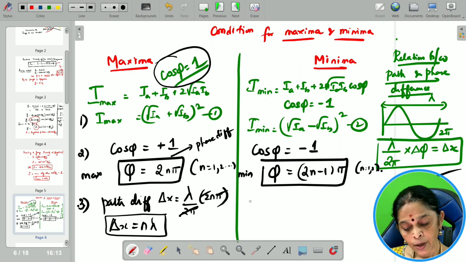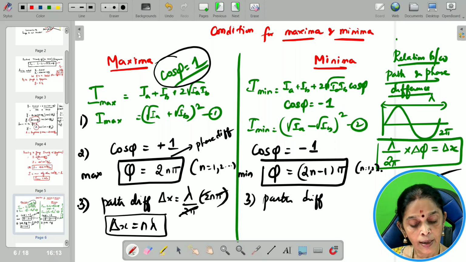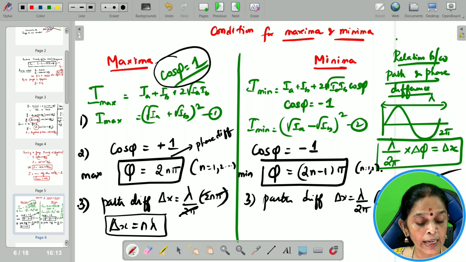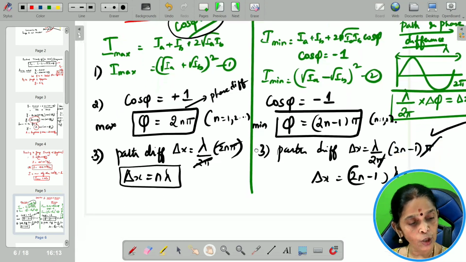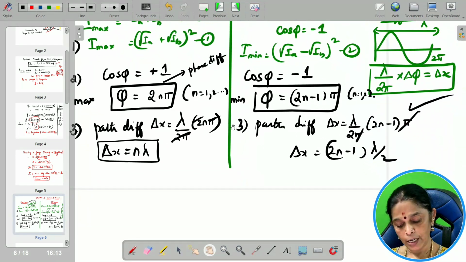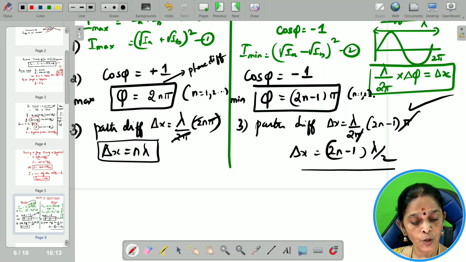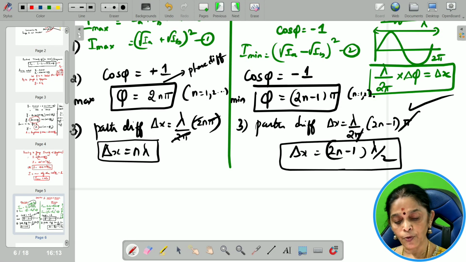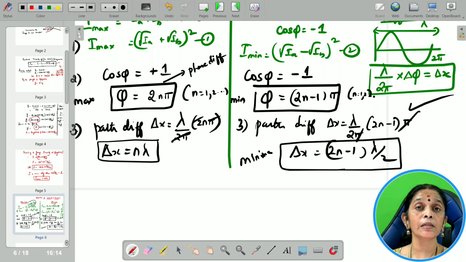Similarly for minima, path difference delta x is equal to lambda by 2 pi into 2n minus 1 into pi. Pi gets cancelled. So delta x will be equal to 2n minus 1 into lambda by 2. So this is the path difference for minima. So I found out maxima as well as minima.